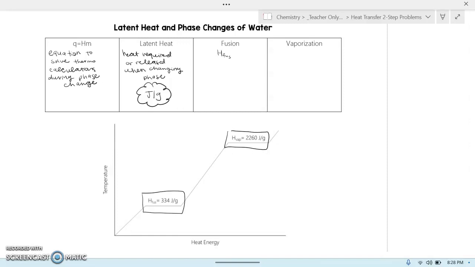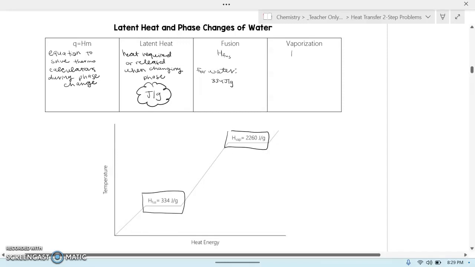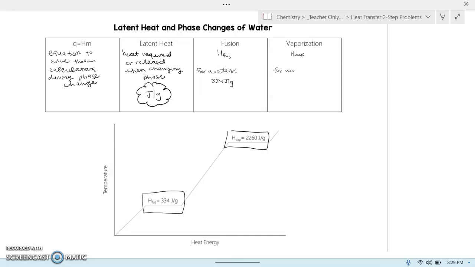The amount of energy per gram at 0 degrees for water, since that's our melting point, is 334 joules per gram. That's written on the heating curve right here. And then our heat of vaporization, H vap, again for water, is 2,260 joules per gram.